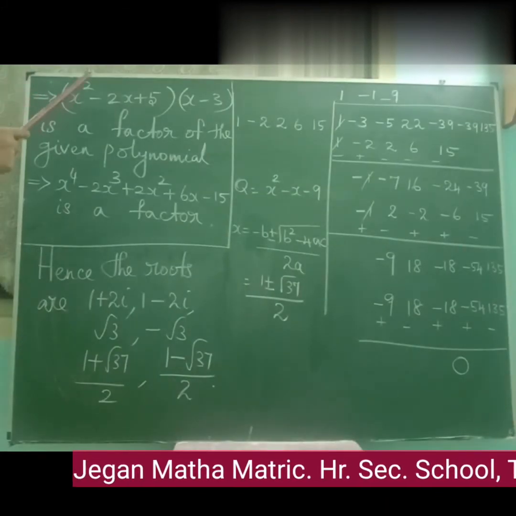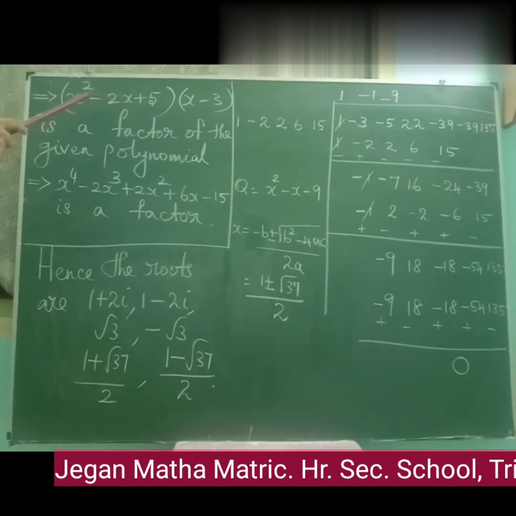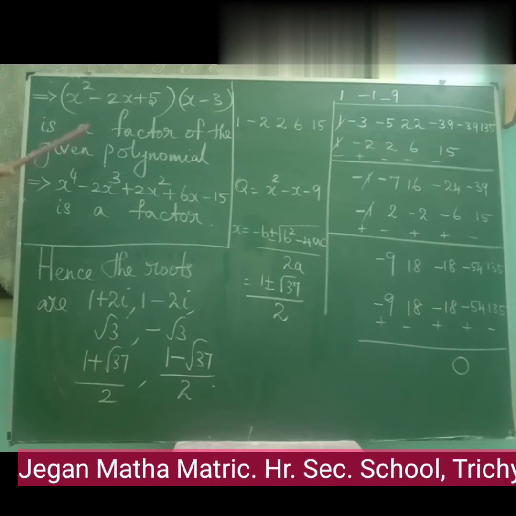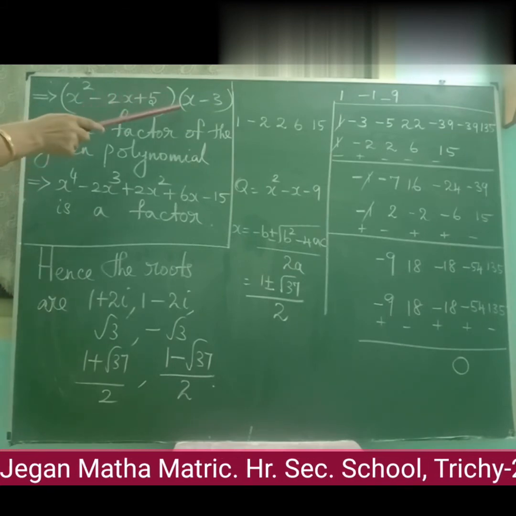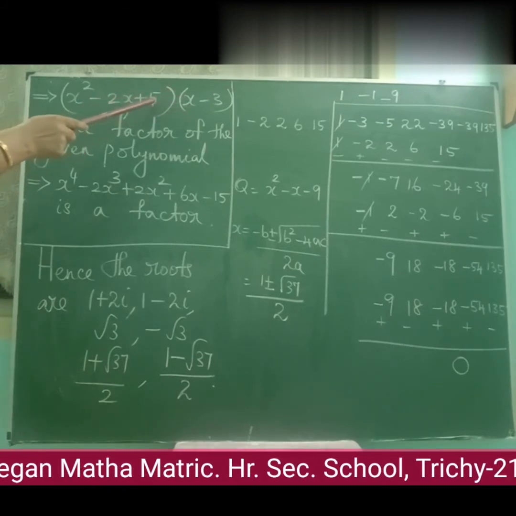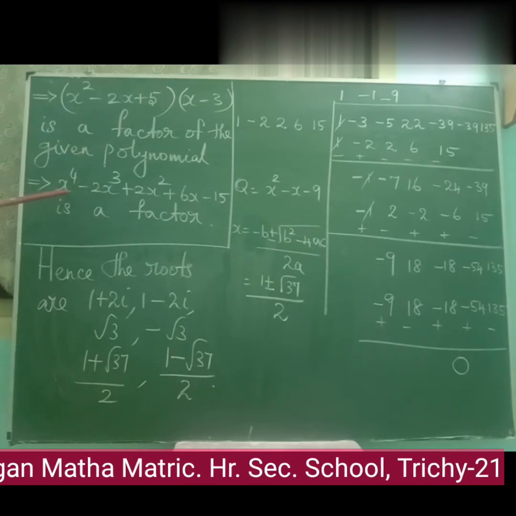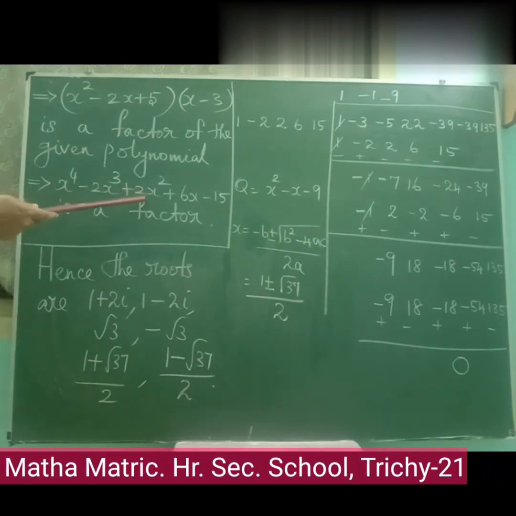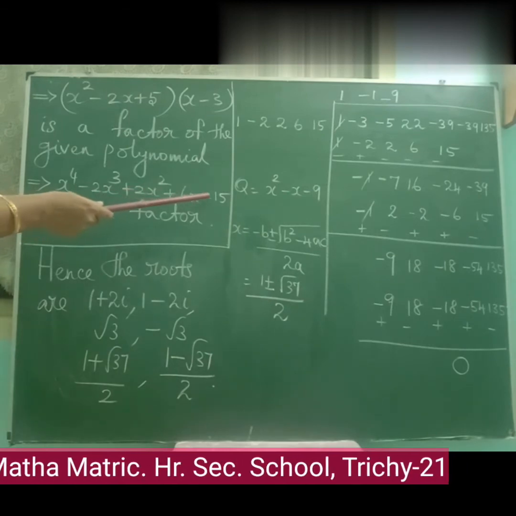Now x square minus 2x plus 5 into x square minus 3 is a factor of the given polynomial. If you multiply these two factors, we get x power 4 minus 2x cube plus 2x square plus 6x minus 15.